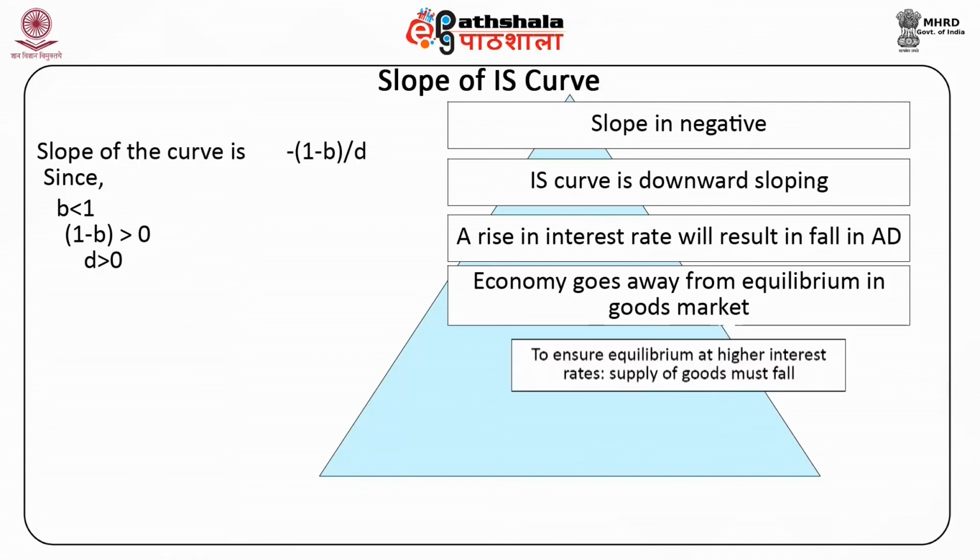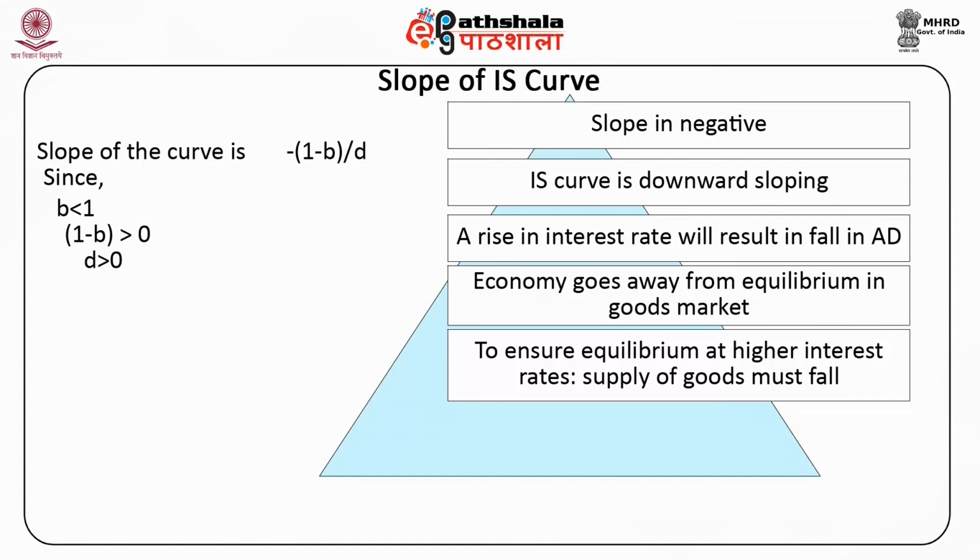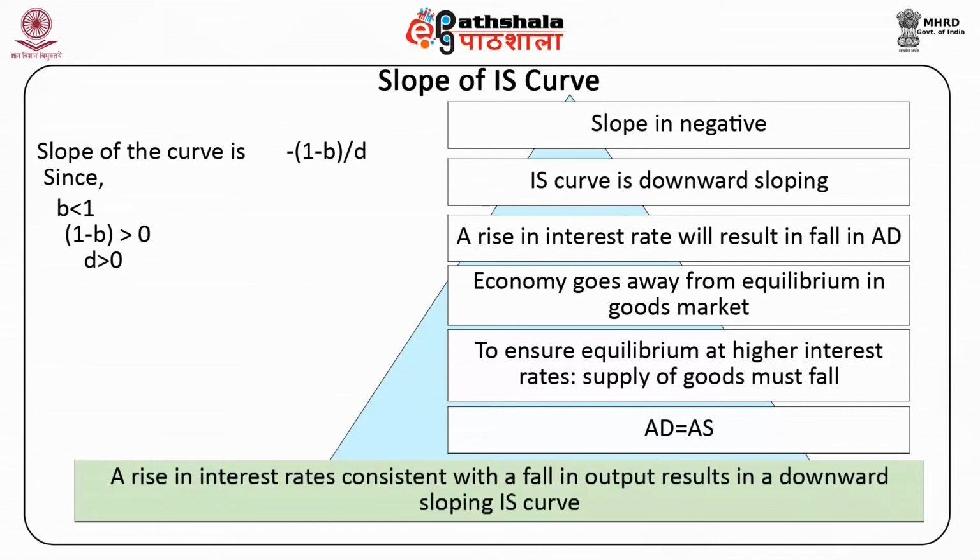In order to ensure that the goods market remains in equilibrium at higher interest rates, the supply of goods must fall so that AD is equal to AS. Thus, a rise in interest rates consistent with a fall in output results in a downward sloping IS curve.